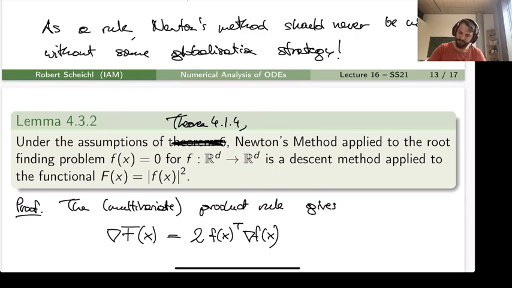Or maybe we should do it the other way around first, then it's easier to see. I put the intermediate step in.